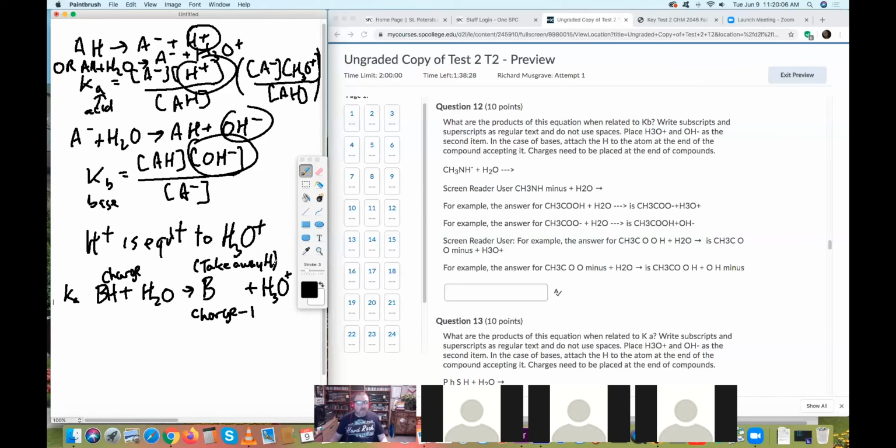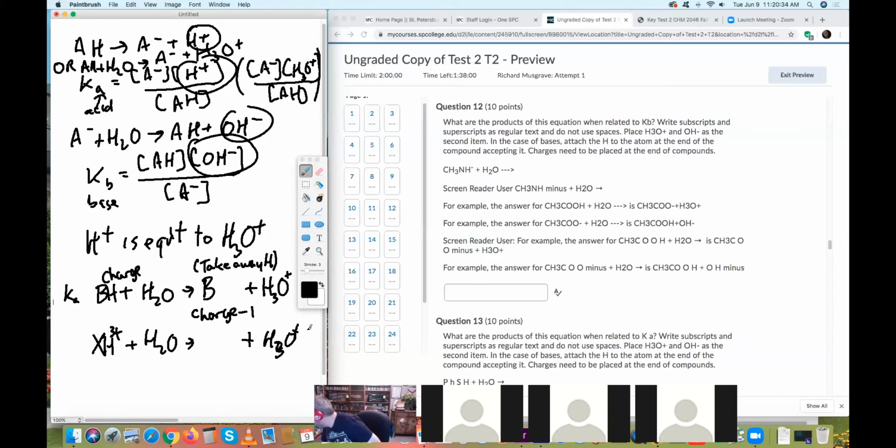It's almost like it's the exact opposite of Kb. For the Kb, if you remember, you add an H and the charge goes up by 1. If it's Ka, you take away an H and the charge goes down by 1. So let's say you've got XH3 plus H2O gives H3O plus over here.